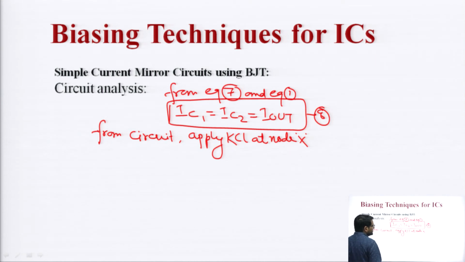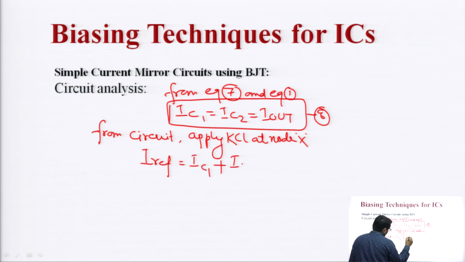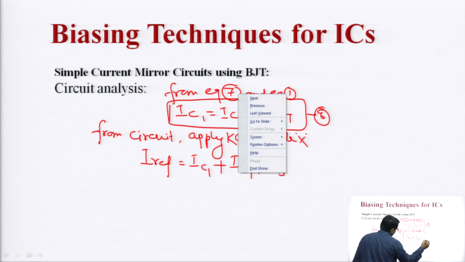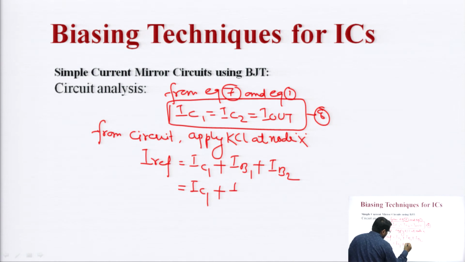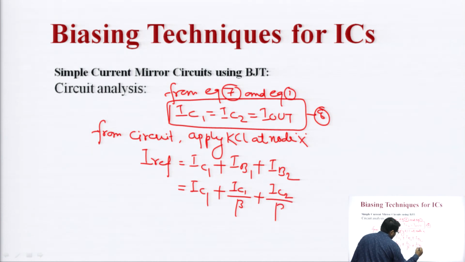We apply KCL at node X, that is I reference is equal to IC1 plus IB1 plus IB2. We put here IC1 by beta and IC2 by beta.